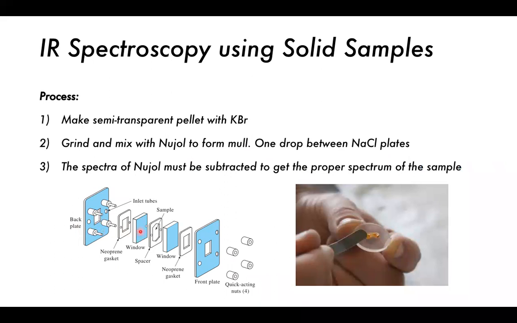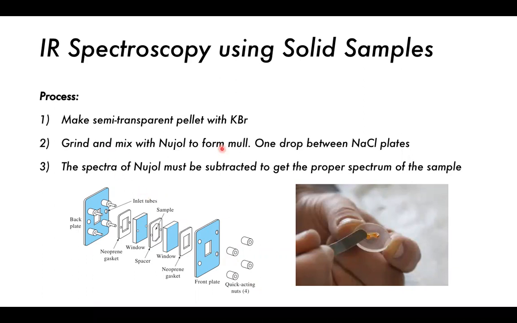Then we have a window, which is transparent to our infrared frequencies. Then we have a spacer, which the sample goes inside of. Then we have another window which sandwiches the sample, and the neoprene gasket allows a good seal and everything to be compressed together nicely. And then we have nuts that are easily tightened and released.